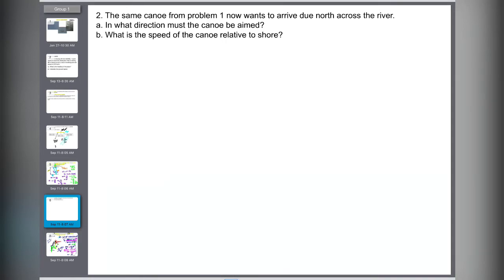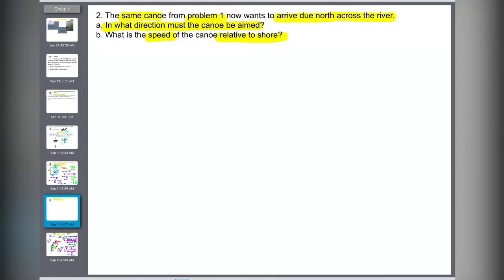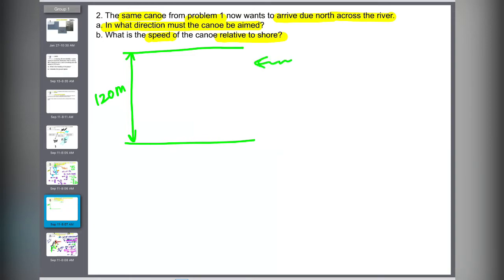So last question. The same canoe from problem 1 now wants to arrive directly north across the river. In what direction must the canoe be aimed and what speed relative to the shore? So my river is still going to be the same width, right? 120. And the current is still flowing towards the west direction at 1.4.